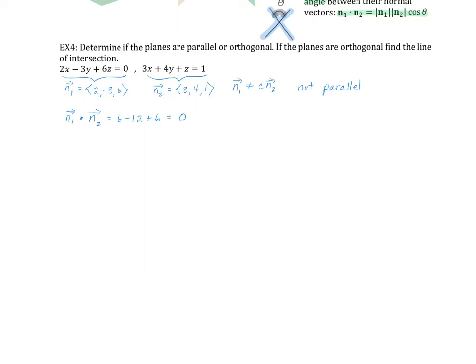Since the dot product of the normal vectors is 0, these planes are orthogonal. So parallel, see if the normal vectors are multiples of each other. Orthogonal, see if the normal vectors have a dot product of 0. If these were not orthogonal, then at this point I would stop. But they are orthogonal.